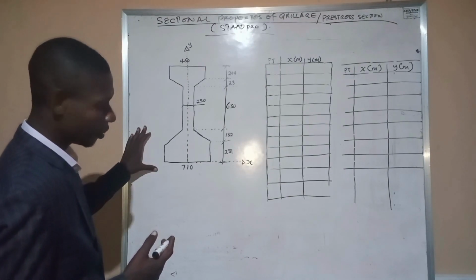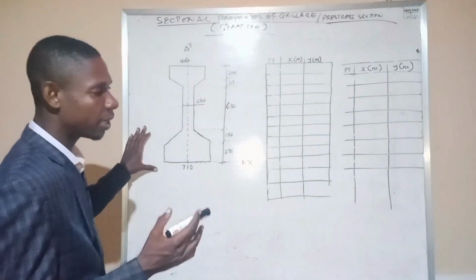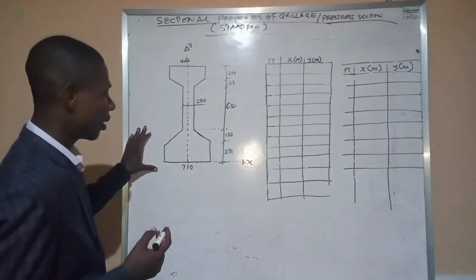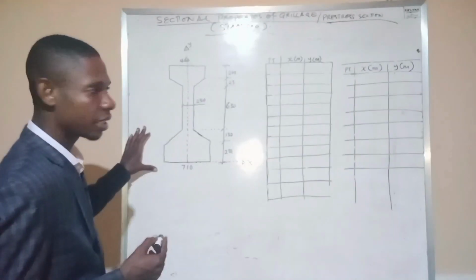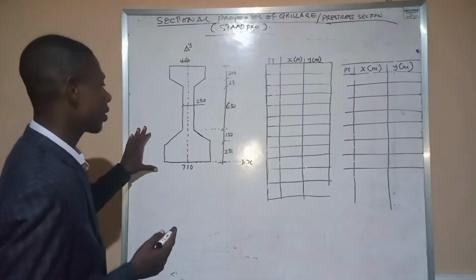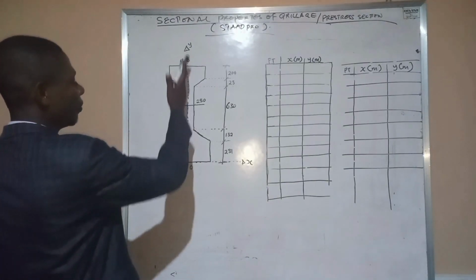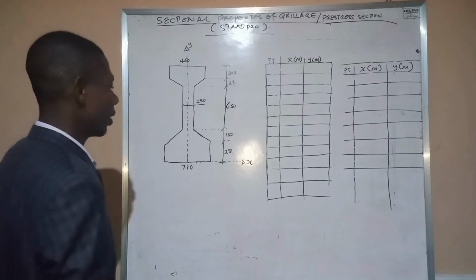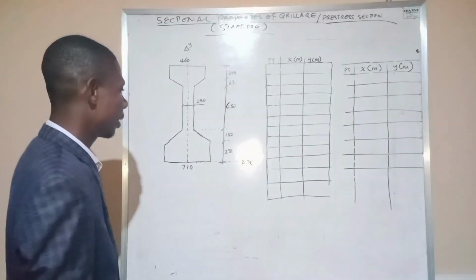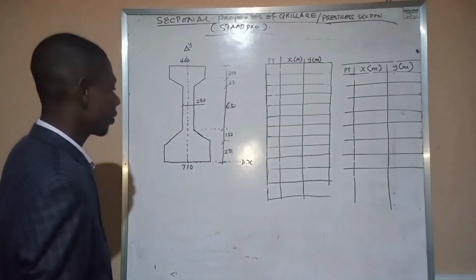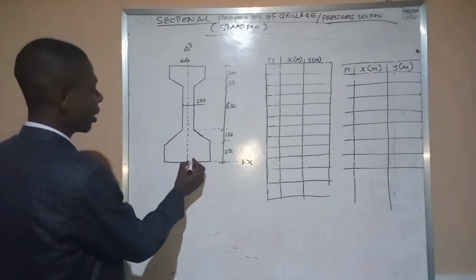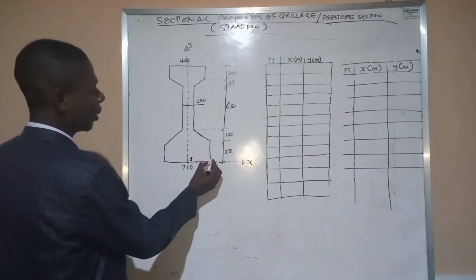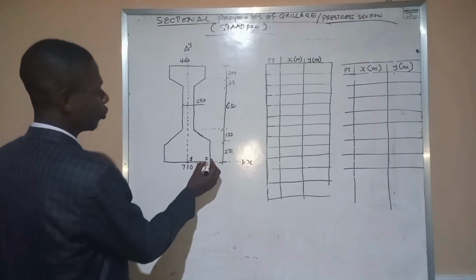So what we are going to do, first of all, is to number this section according to the coordinates, starting from the axis of symmetry. We divide this beam into 2 parts symmetrically. All right, so we're going to number them. This is the point, our origin. We'll call it point 1. At this point, we'll call here point 2.